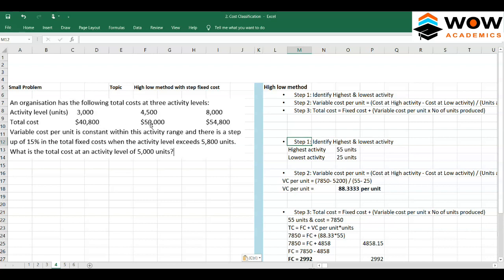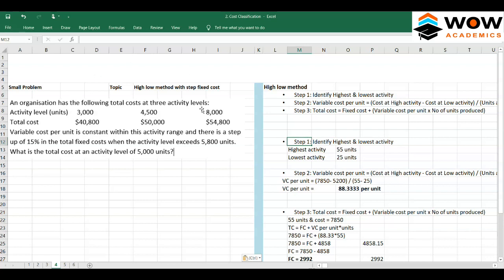These do not have the 15% increase. So we cannot compare 3000 and 8000, because 3000 is a normal fixed cost, but 8000 is a stepped up fixed cost of extra 15%. So it's very difficult to compare this and this.